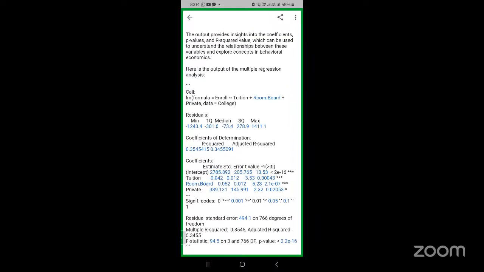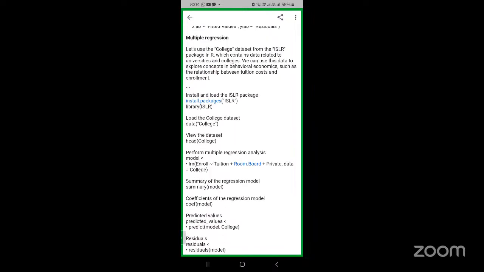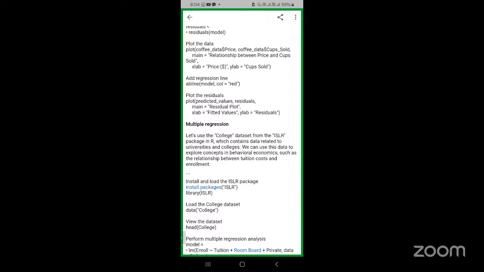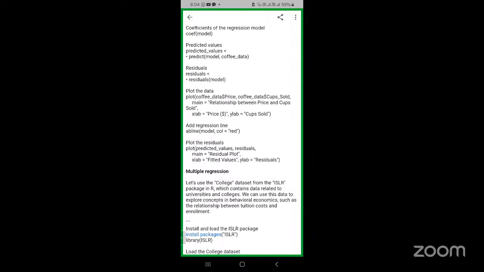So this is all about the regression. Now here you will find the psychological or the behavioral economics point of view.